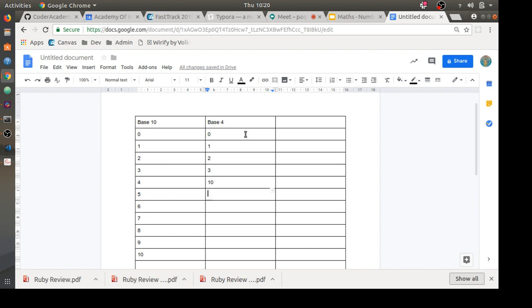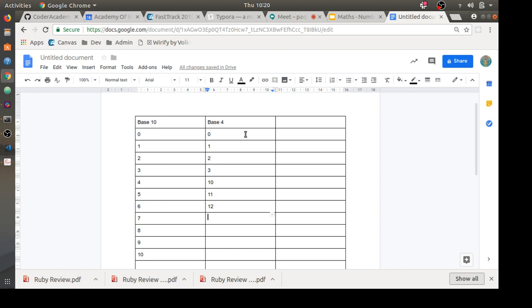To represent 5, 1, 1, because that's 1 times 4 to the first power, 1 times 4, plus 1, which is 5. And then to represent 6, it would be what? 1, 2, not twelve, but 1, 2.